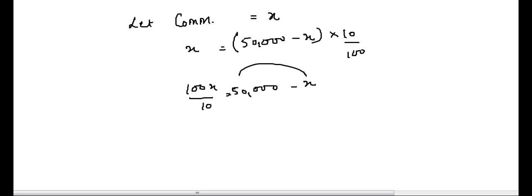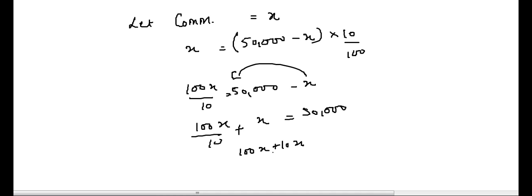I'll take this x on this side. I'll say 100x by 10 plus x is equal to 50,000. Now this will be 100x plus 10x divided by 10 is equal to 50,000.